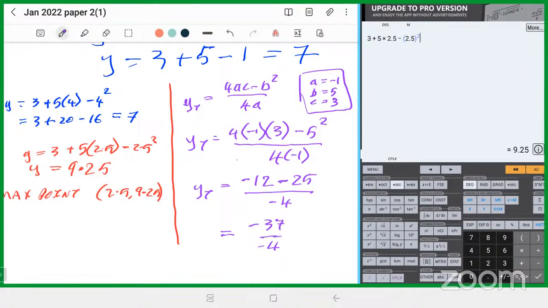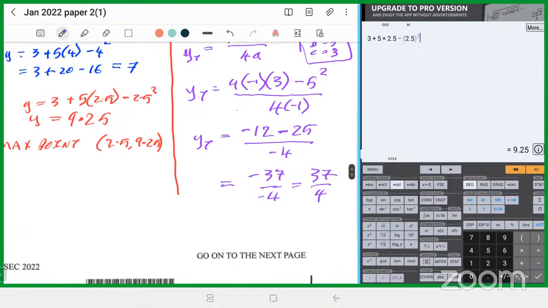The negatives cancel and give me 37 over 4. 37 over 4 is 9.25. 9 times 4 is 36, so it's 9 remainder 1. 1 over 4, that's 0.25. So 9.25 is the same as 9.25 if you use decimals. So you get the same maximum value, which is the YT value.